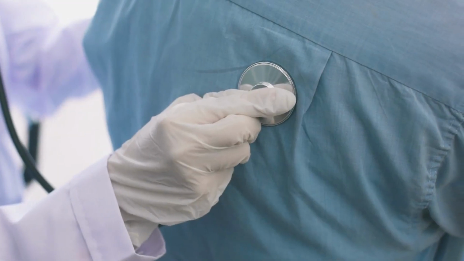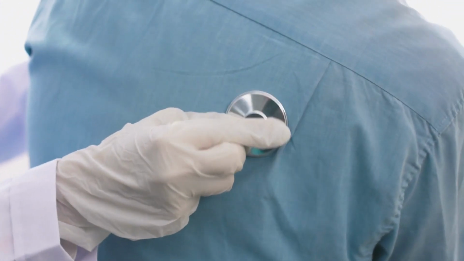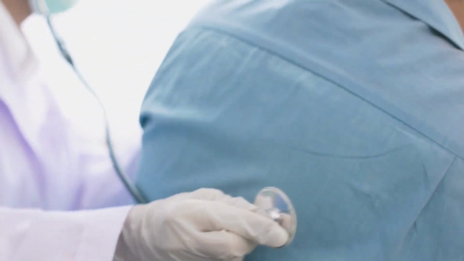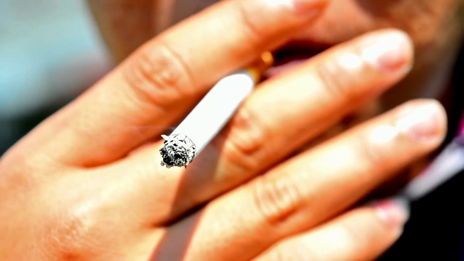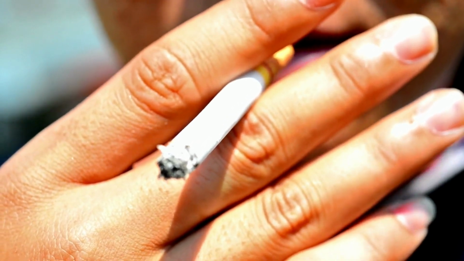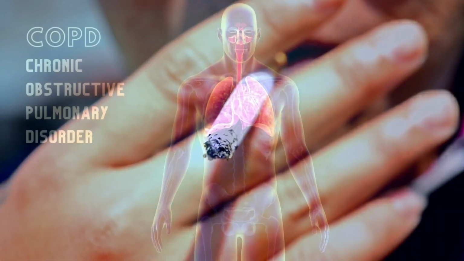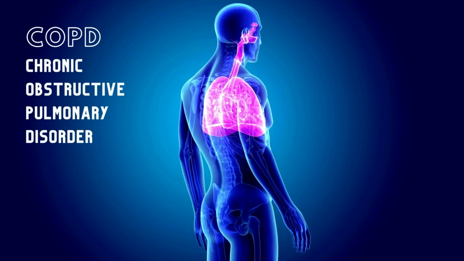After listening to your patient's lungs with a stethoscope, you hear rales, which are small clicking, bubbling, and rattling noises in the lungs. You ask your patient if she smokes, and she reports that she has been a smoker for the past 20 years and was diagnosed with COPD 2 years ago. COPD stands for chronic obstructive pulmonary disorder.